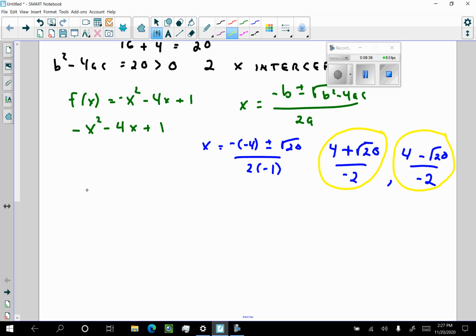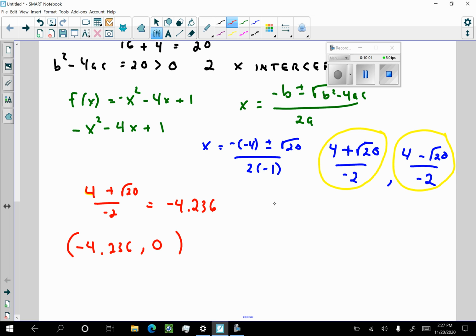Okay, so I'm going to take this in my calculator. I've already have it figured out here. 4 plus the square root of 20 over -2. That is equal to, well, it's approximately -4.236. So that's going to be one x-intercept, -4.236, 0.